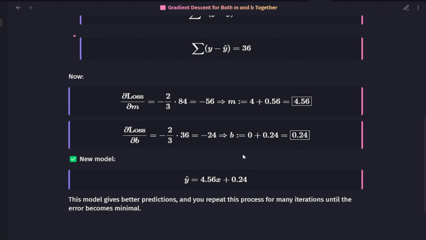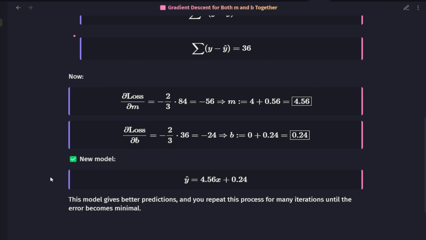By updating both parameters, the model adjusts its line in two ways. It tilts by changing the slope and it shifts vertically by changing the intercept. This double update helps the model learn more efficiently and gives us better predictions with each step. The process continues until we reach the lowest error on the cost curve.